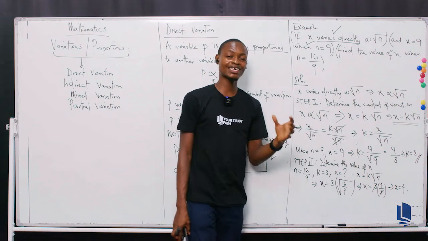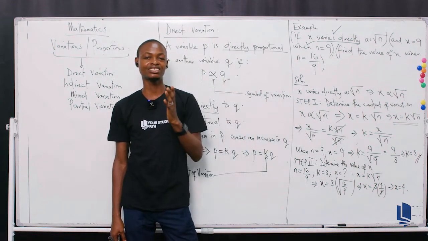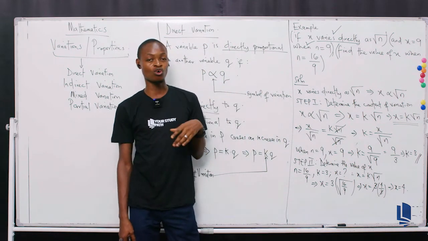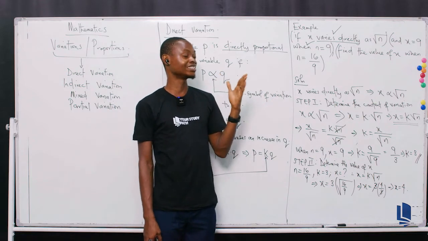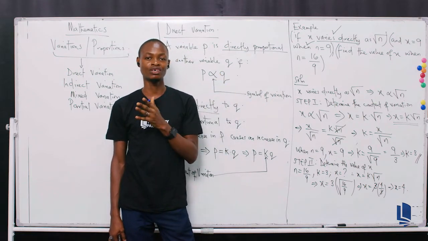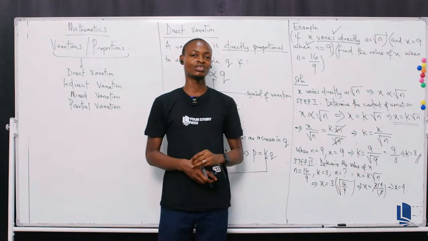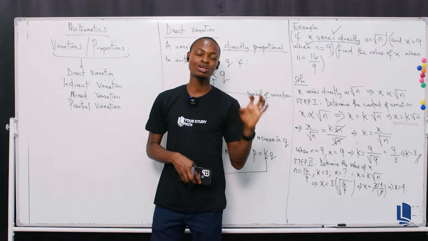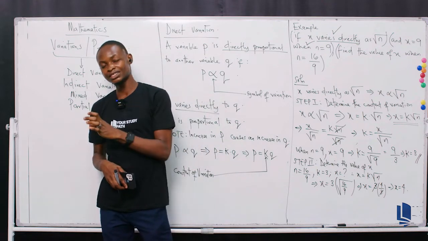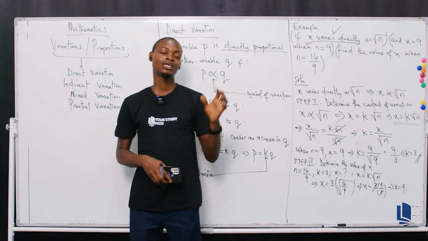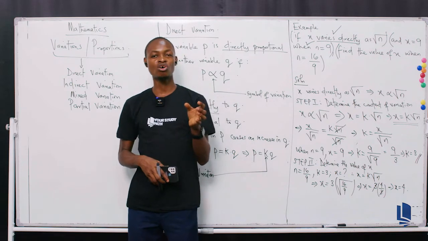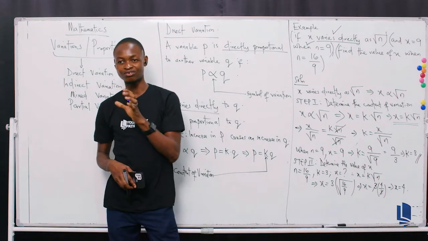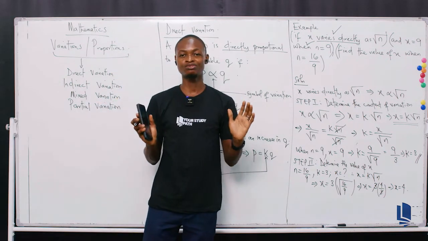So the value of x has in fact decreased from 9 to 4, just like the value of n decreased from 9 to 16 over 9. So always keep that in mind. Whenever you are doing direct variation, an increase in one value will cause an increase in the second value. Similarly, a decrease in one value will cause a decrease in the second value. I hope this is very, very clear.